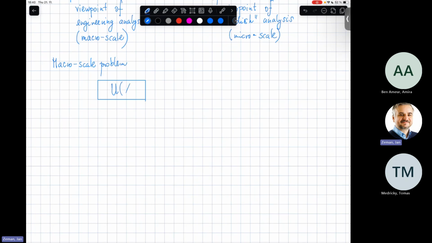This is something which depends on this macro domain position and nothing else. So it can be displacement, for instance. Then I will have the quantity which I have already introduced, this capital E in the macro point.